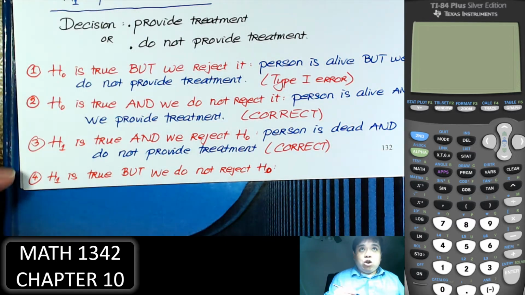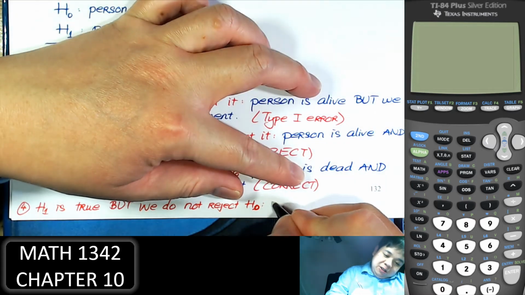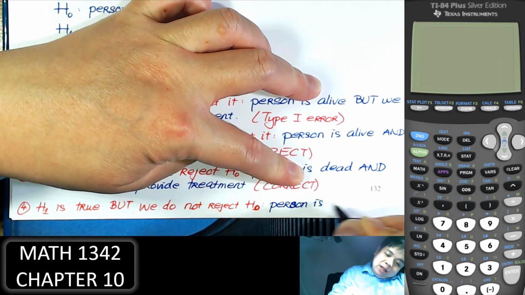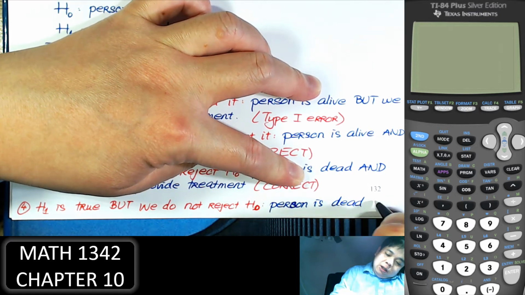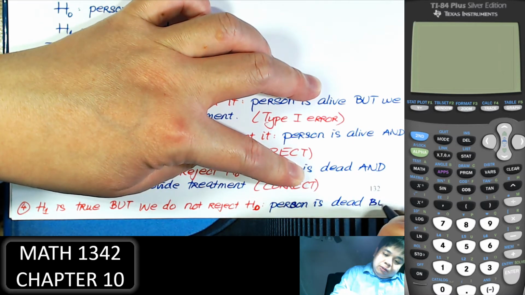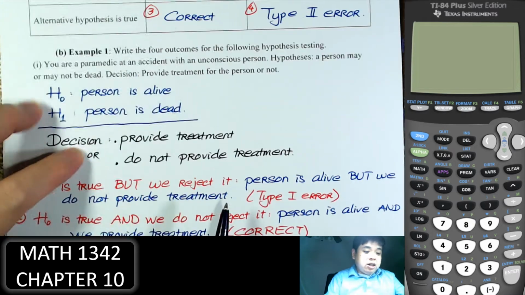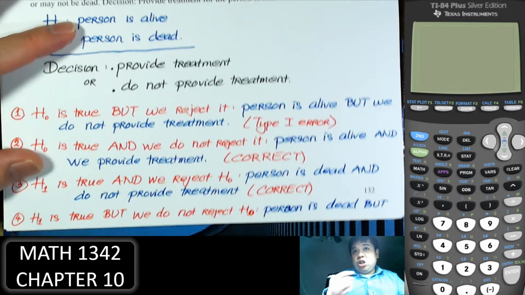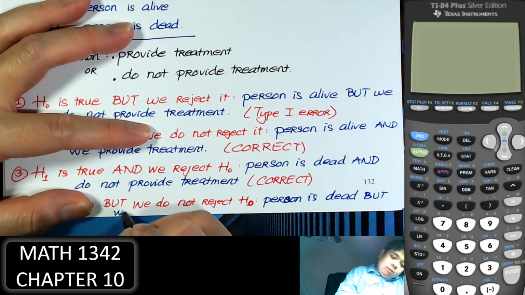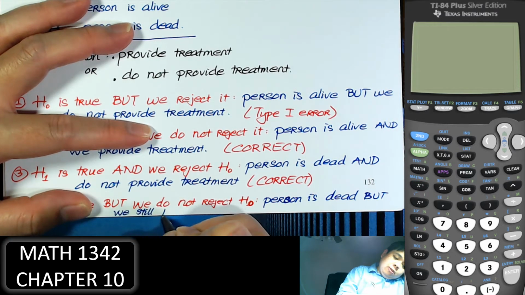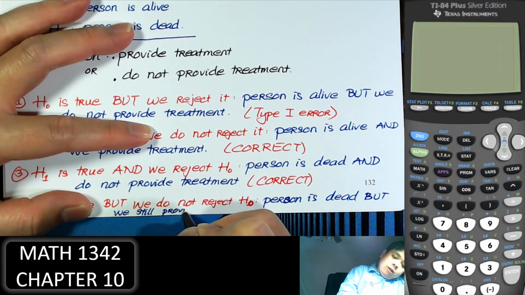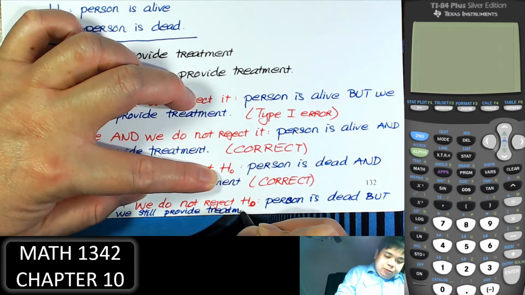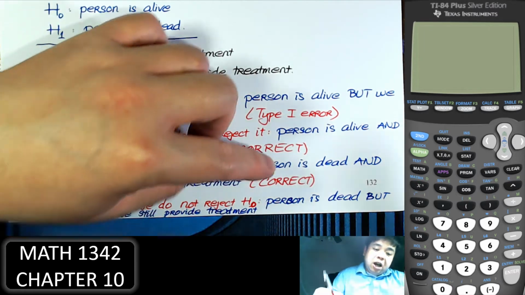So H1 is true, meaning the person is dead. But we do not reject the fact that the person is alive. That means we accept that the person is still alive. So we still provide treatment. And that is the type 2 error.